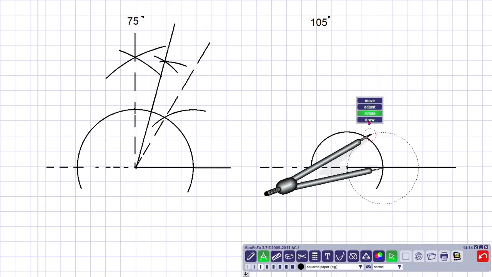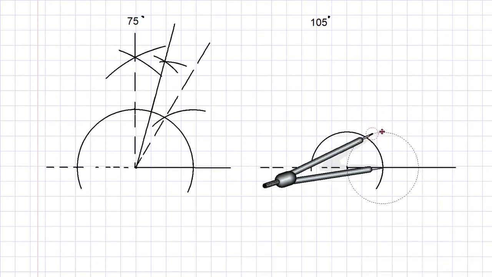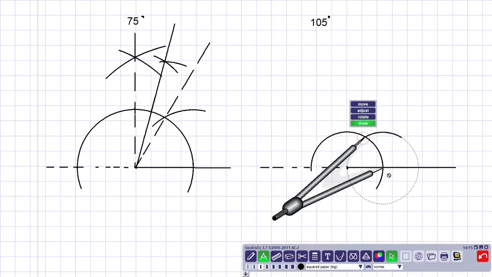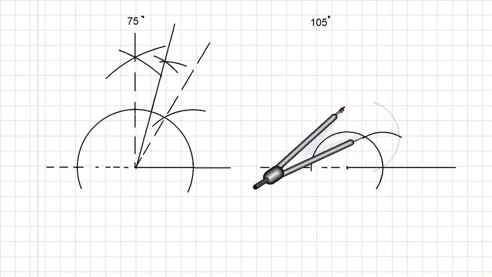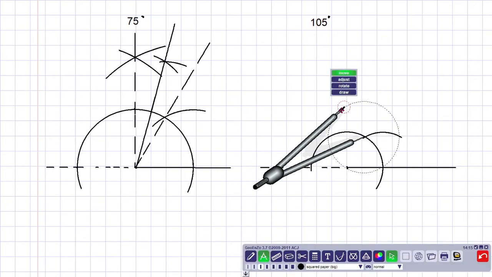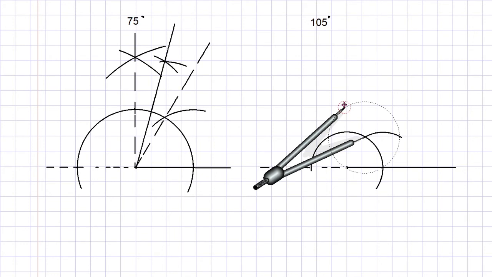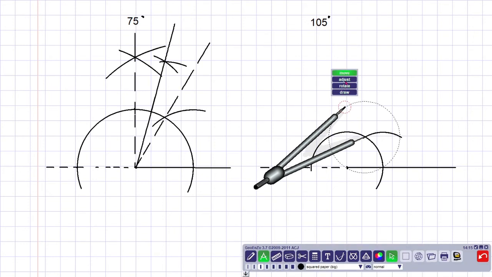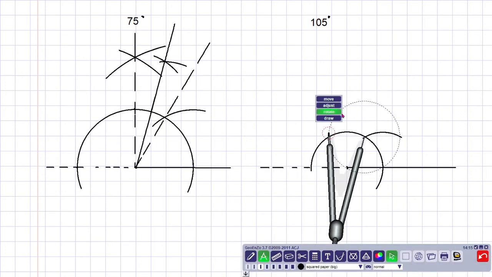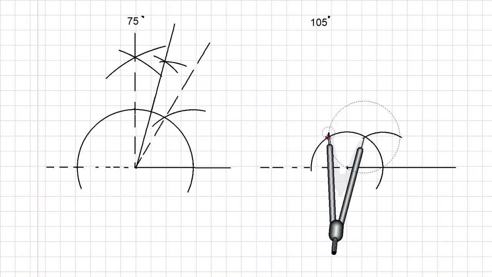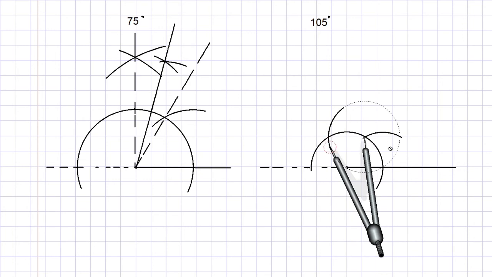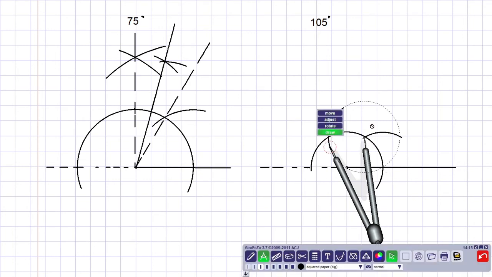Draw 120 degrees angle. 60 plus 60, 120.